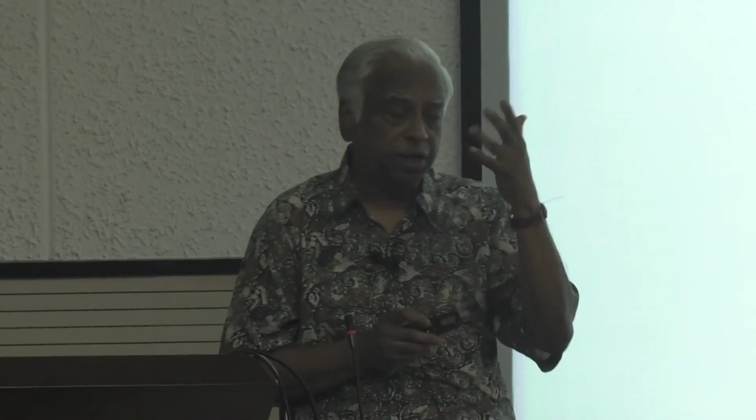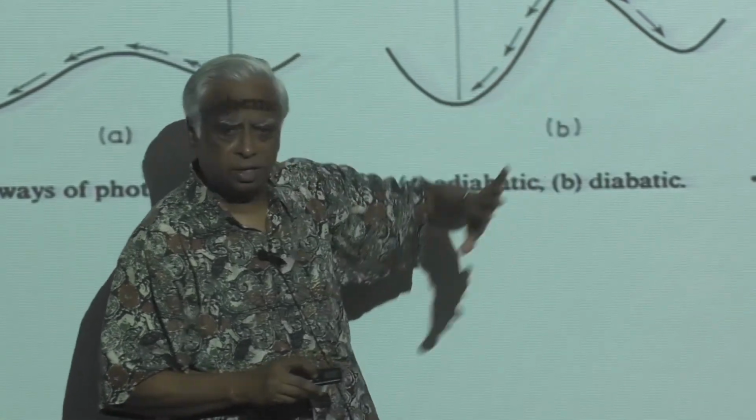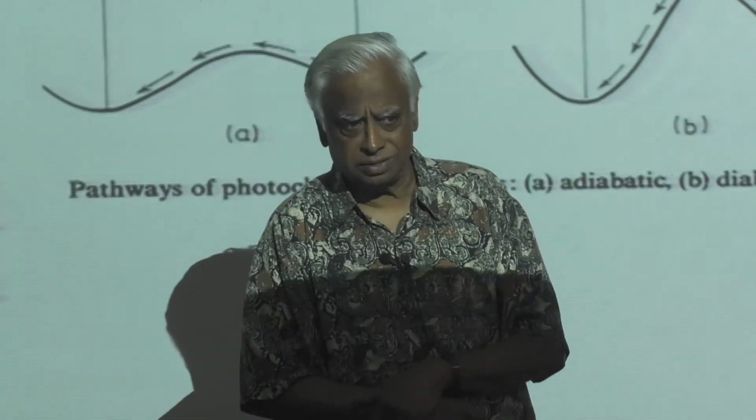When you think of a thermal reaction, if you go and read a book, they will have this picture. This is very common. So you think of them, this is the reactant, this is the product, this one is called the reaction coordinate. So this part of the picture is for thermal reactions.